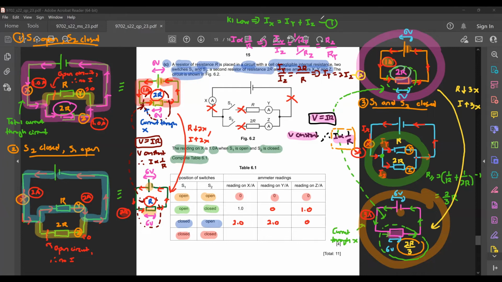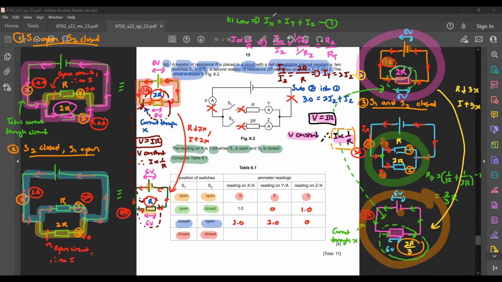Now, if you sub in relation number 1 to relation number 2, you ought to be able to get out one of the currents. So let's sub in the values. Subbing 2 into 1, you will get 3.0 for IX equals 2IZ plus IZ itself.